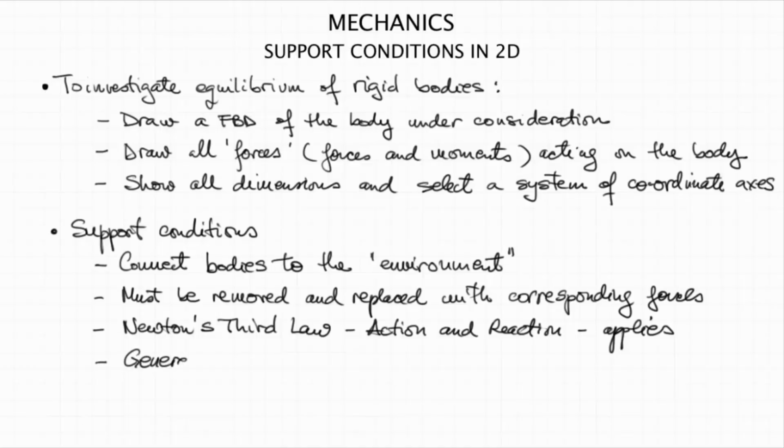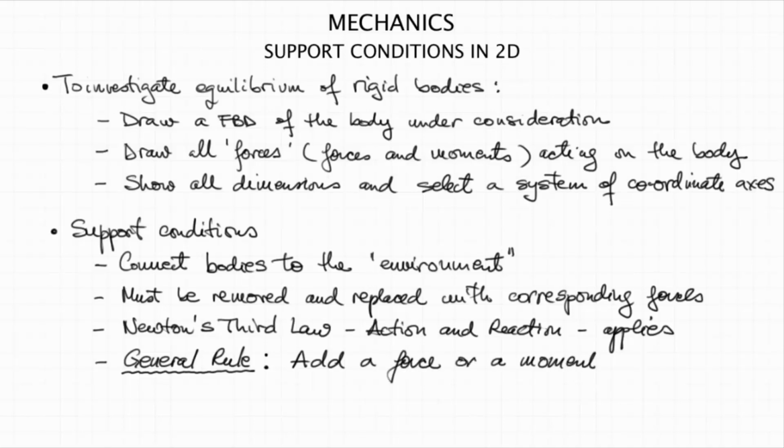However, the general rule that you need to know and remember is that you have to add a force or a moment when you remove a support, for every translation and rotation, respectively, that is not permitted by the support removed.